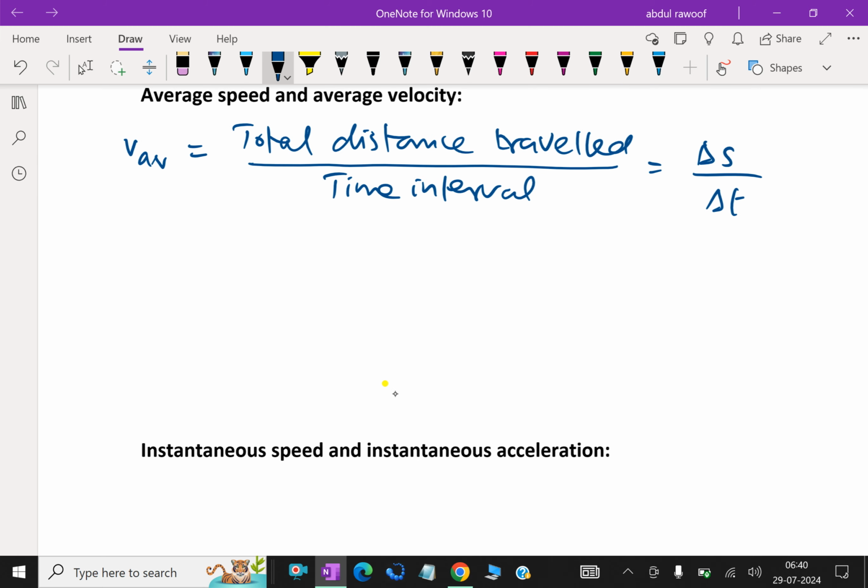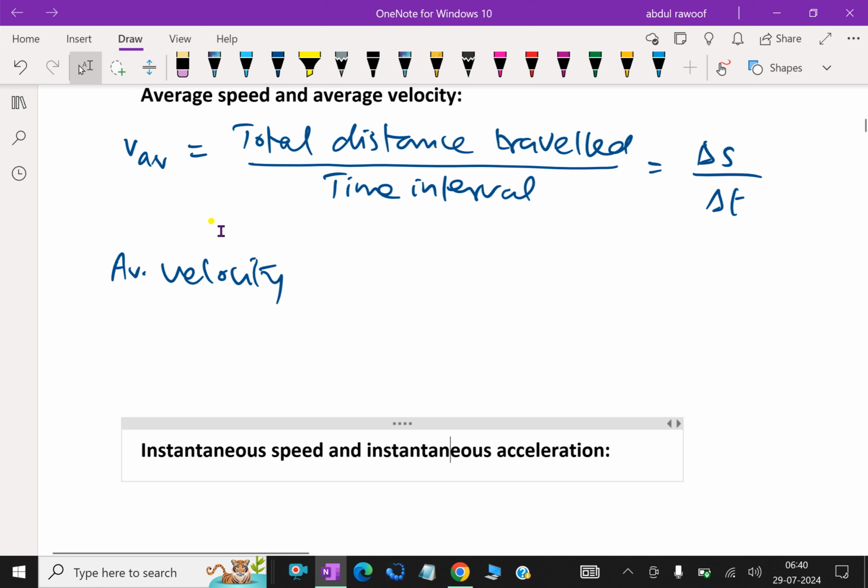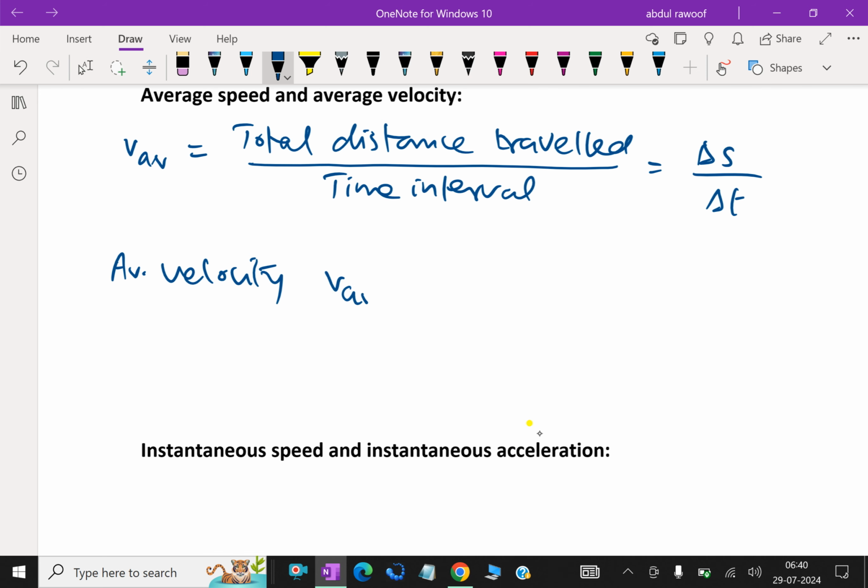Therefore, average speed is V average, and average velocity is V average vector, that is displacement over time interval.